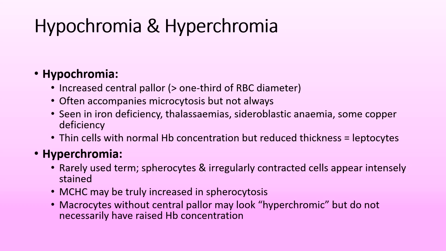Thin plate-like cells, called leptocytes, can also appear in hypochromic states simply because of altered geometry. Hyperchromasia is a less commonly used term; architecturally hyperchromatic cells are spherocytes and irregular contracted cells with an increased MCHC. It's better to specify the cell type rather than using the term hyperchromasia, so it is rarely used by pathologists.